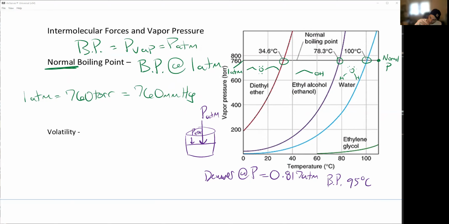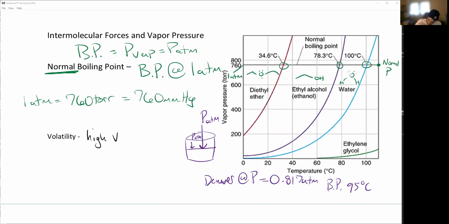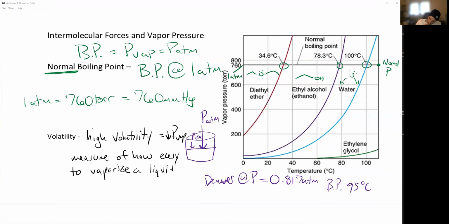And then I've been avoiding this, talking about it, but it's pretty straightforward. Something that is volatile has a high volatility. It has a really reduced vapor pressure. It's a measure of how easy it is to vaporize something, usually a liquid.